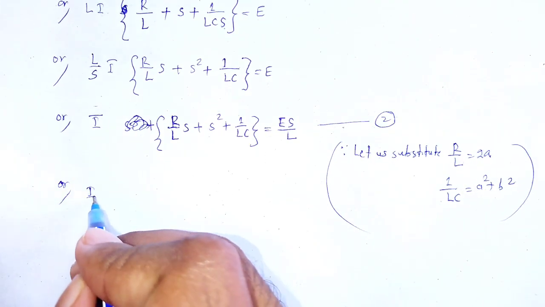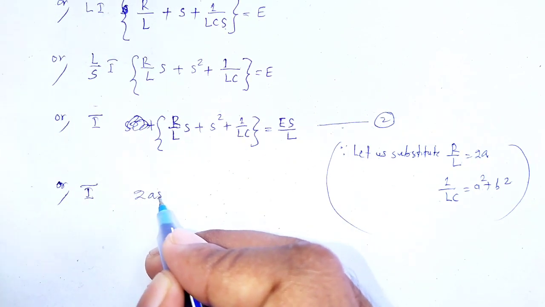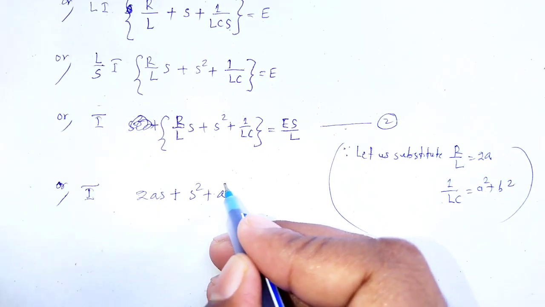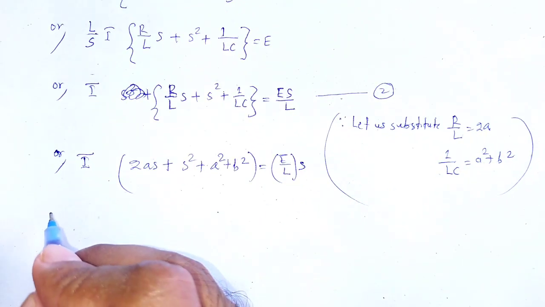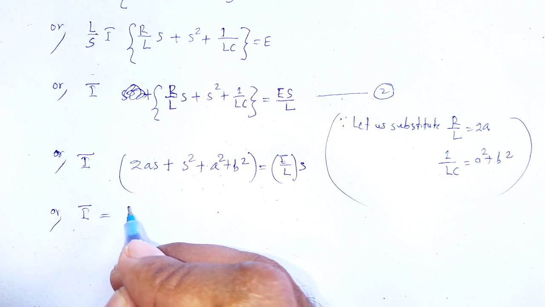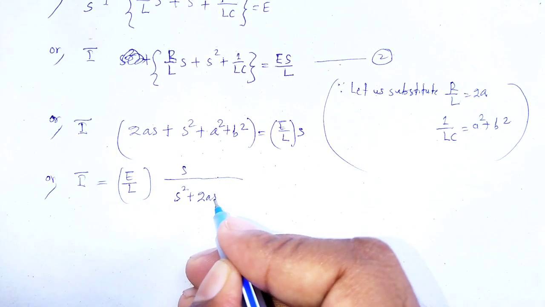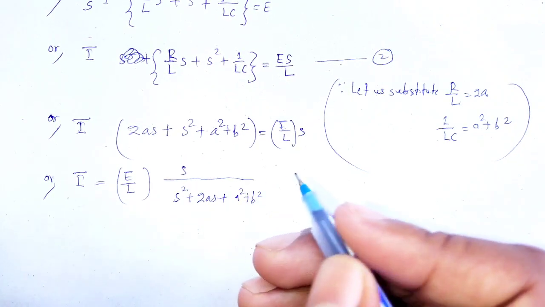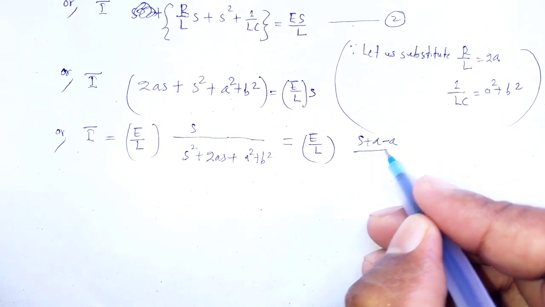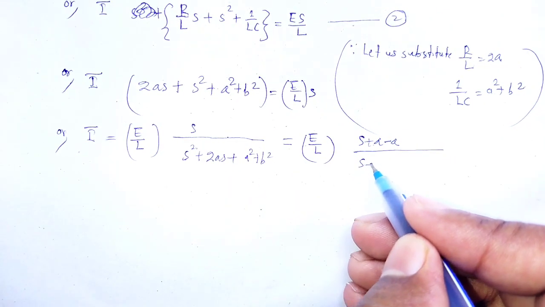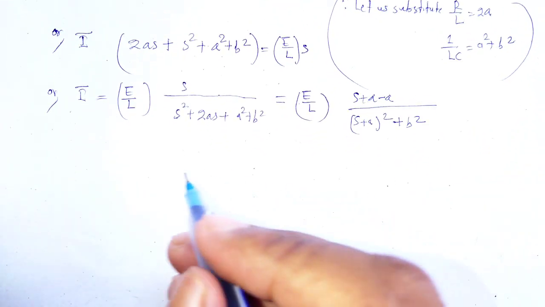Or we have I bar times S square plus 2AS plus A square plus B square is equal to E by L into S. Therefore, I bar is equal to E by L S divided by S square plus 2AS plus A square plus B square, that is written as E by L, S plus A minus A, there will be no such change, divided by the square of S plus A, plus B square.